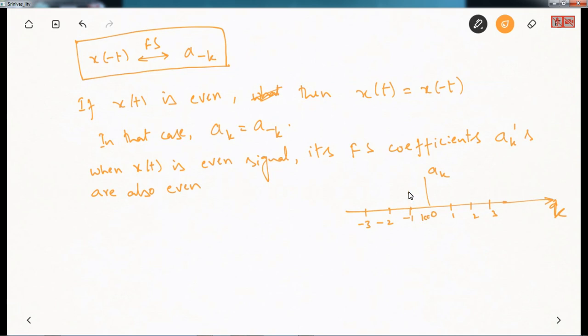So this will be something like, I'm just trying to construct an example. So even if you flip this, minus t, it will still be the same. So a of k will be the same as a of minus k if x of t is even.